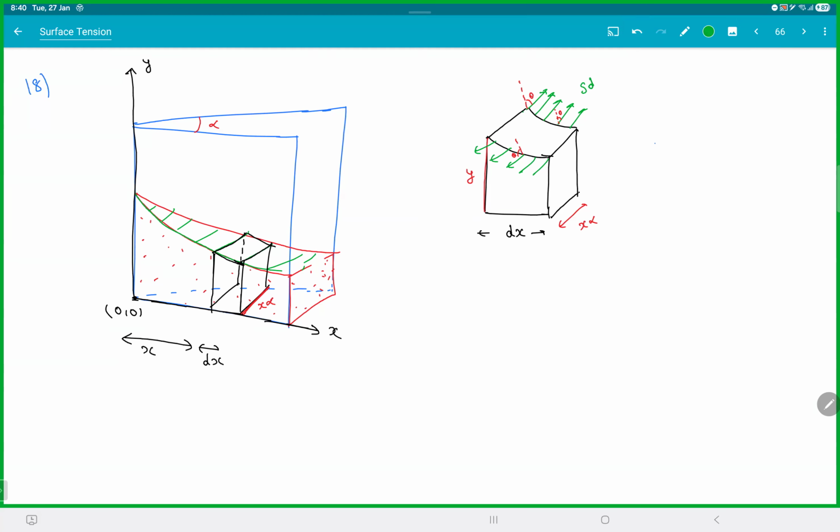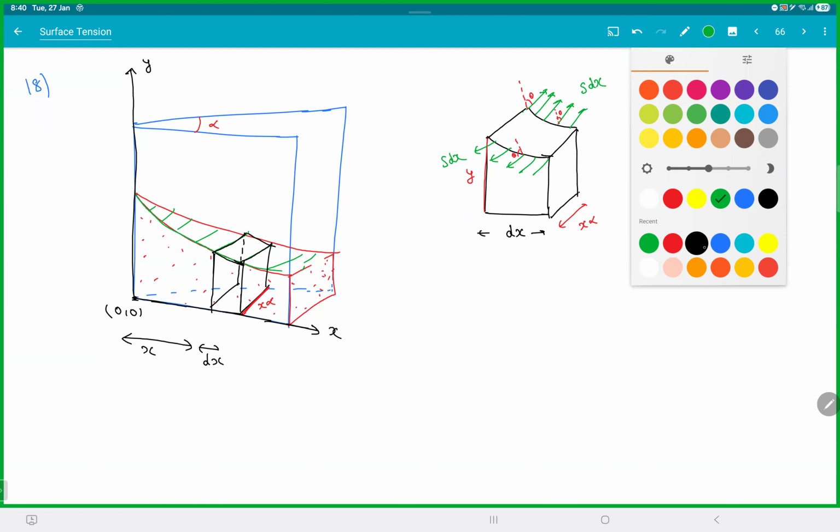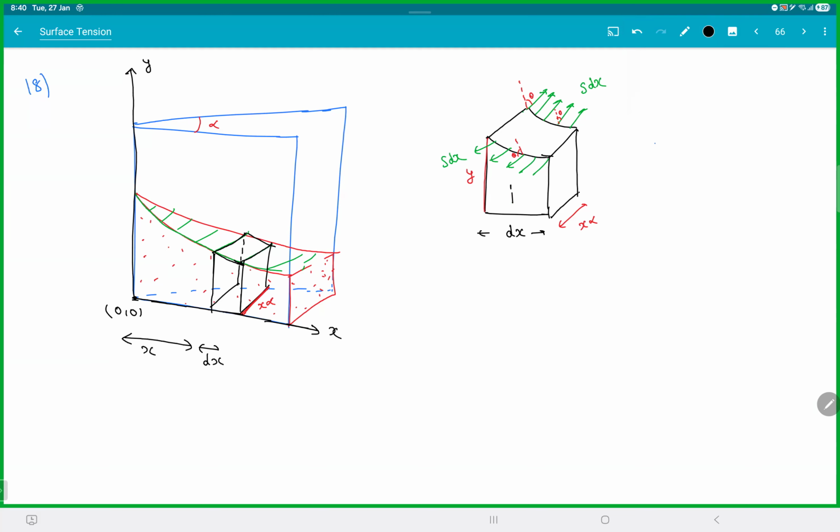This will be S into dx, and this will be S into dx. And your own weight, mg, is acting downward. We are talking about a small cross section there. We are ignoring these two forces because they're almost the same length. Remember, dx is very, very small. So basically, it is the forces coming because of touching the solid there.